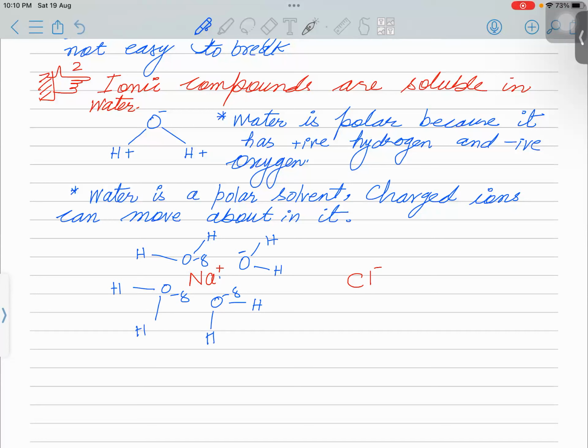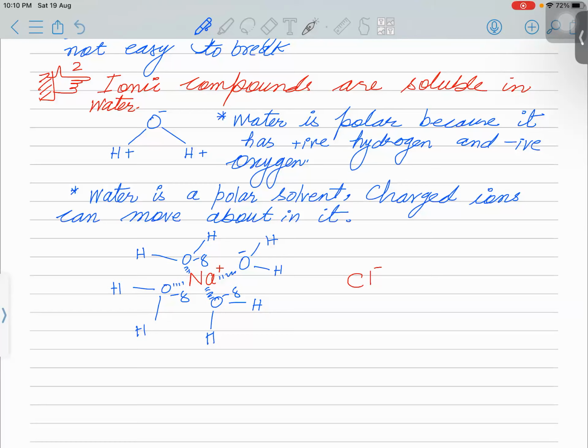This is solubility. The sodium ion is hidden between the water molecules, and no one can find where the sodium is, because it is within the water molecules. This is called solubility. That is why sodium chloride is soluble in water.